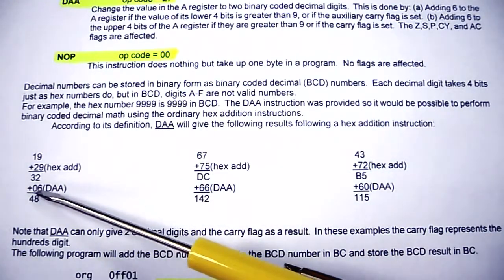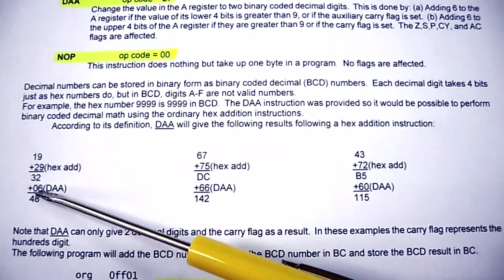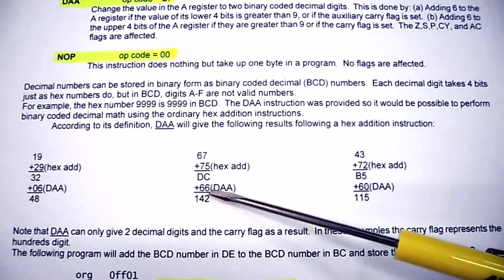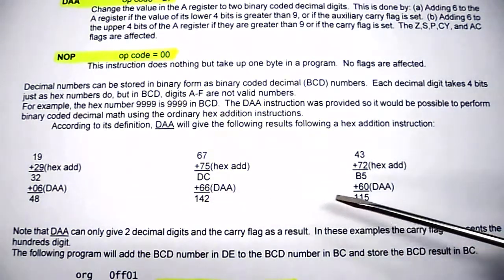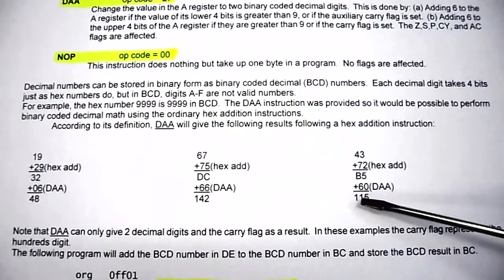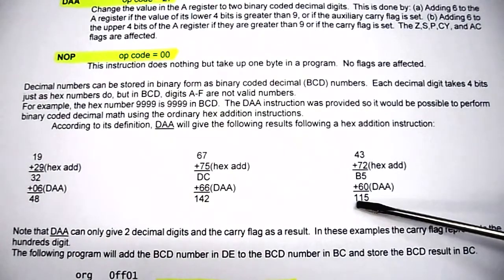One where they're just adding 6 to the low order nibble. Remember, a nibble is 4 bits. In the next example, they're adding 6 to both the low and the high order nibble. And in the last example, they're just adding 6 to the high order nibble and showing you what the results will be.